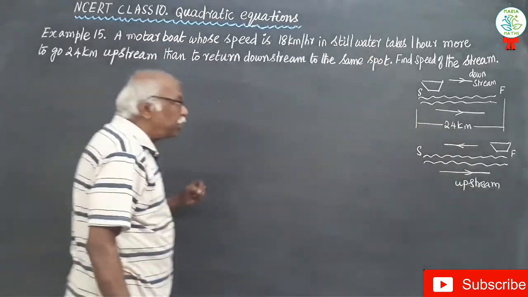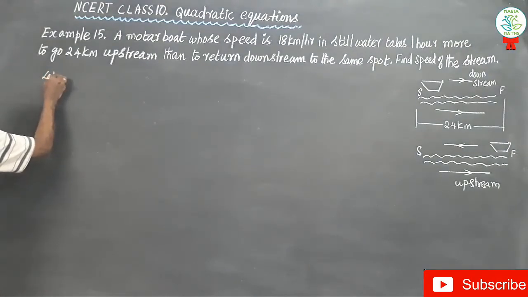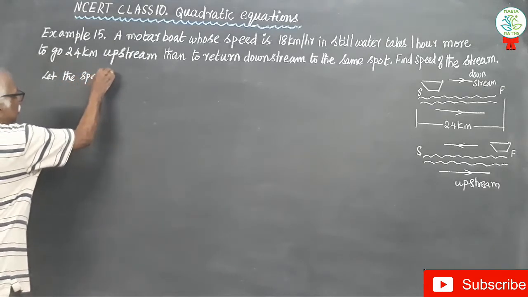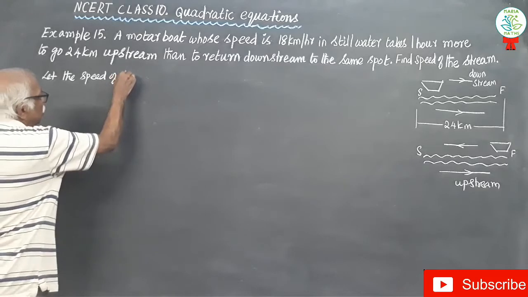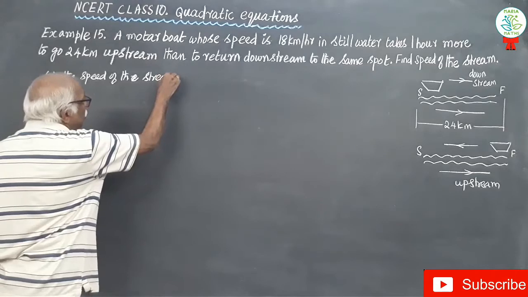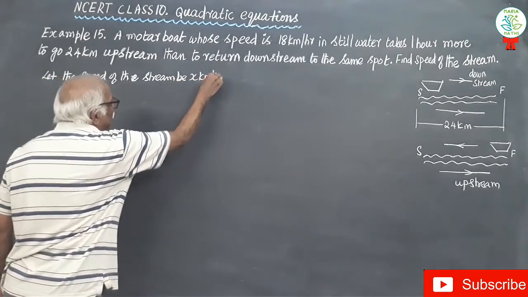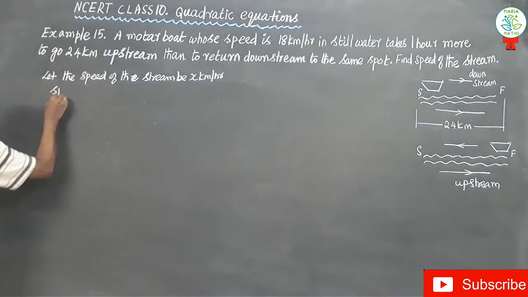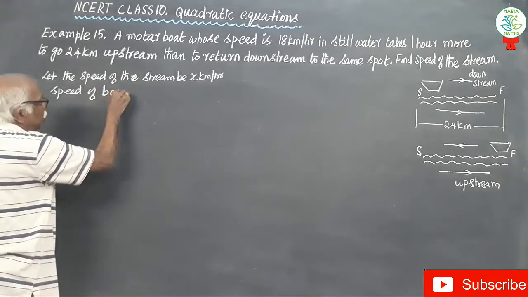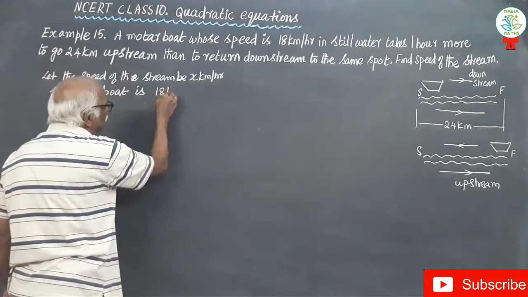Now we have to find the speed of the stream. Let the speed of the stream be x kilometer per hour. The speed of the boat is given. Speed of boat is 18 kilometer per hour.